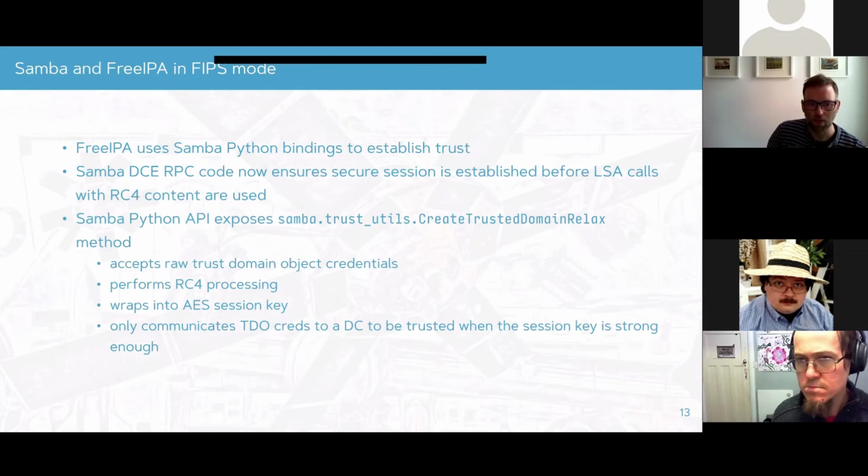So we need to make sure that for this LSA named pipe, when we are calling RC4, you are not able to do that, and that the server aborts the connection if you try to downgrade to a non-encrypted connection. Yeah.